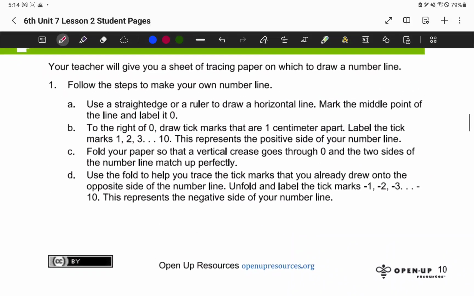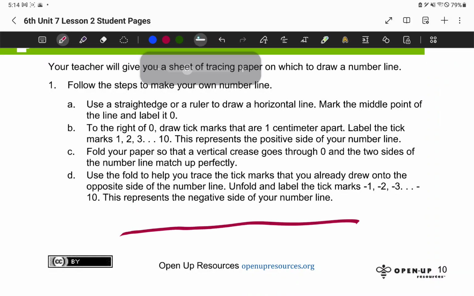So when you do this, you've got a straight edge. Oh, that's the thickness. All right.